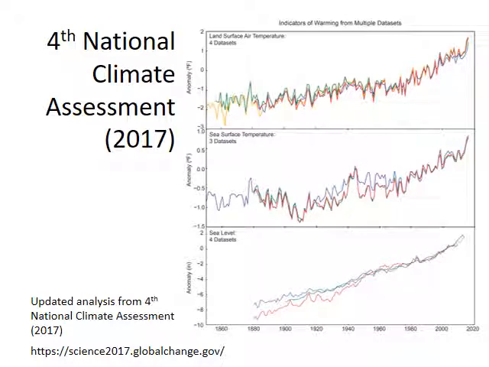Here are some panels taken from the more recent National Climate Assessment Report, which appeared in 2017, so it covers a little bit more years than the IPCC report, the fifth one. But essentially the same picture: land surface air temperature, sea surface temperature, and sea level data are all going upward as expected.